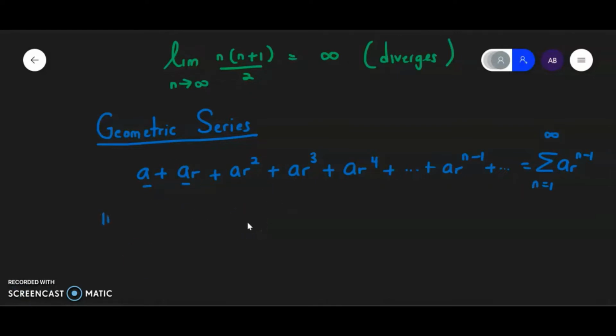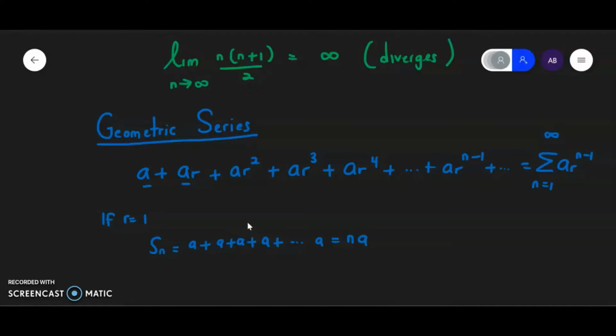So if r equals 1, what do you have? We have Sn equals a plus a plus a plus a plus whatever up to n terms of a. Now the limit for this, we can see that this term approaches positive or negative infinity.